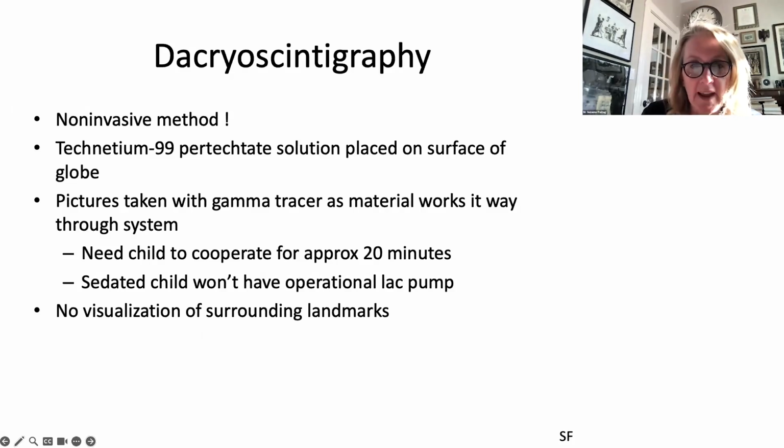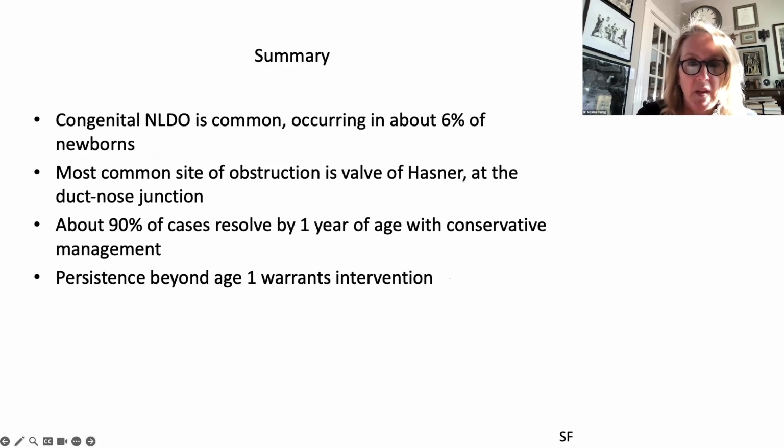But you want the child awake because a sedated child won't be blinking and operating their lacrimal pump apparatus. So this study not only looks at the anatomy, but it also considers lacrimal pump function. And you don't get any visualization of the surrounding landmarks. It's just looking at the dye.